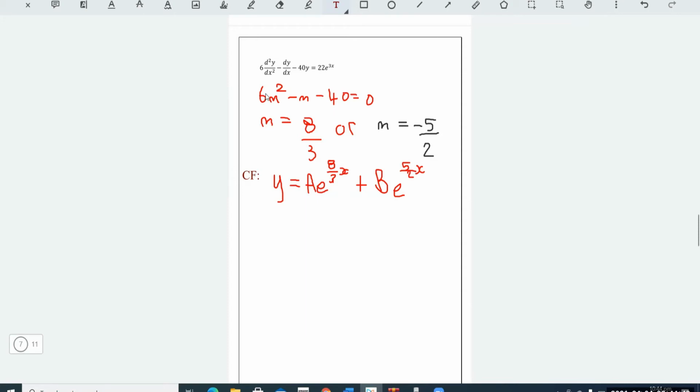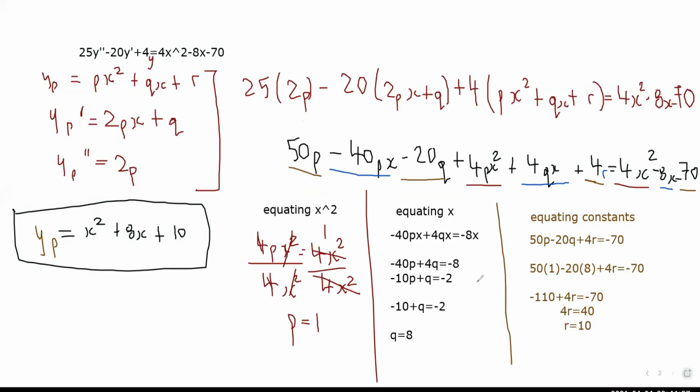So first we need to write out this again: 6y prime prime minus y prime minus 40y equal to 22e raised to the 3x.